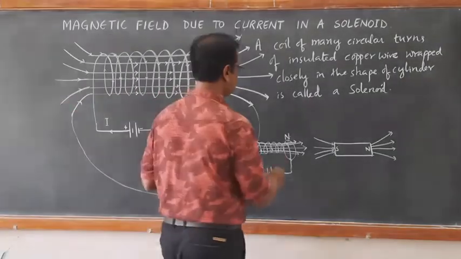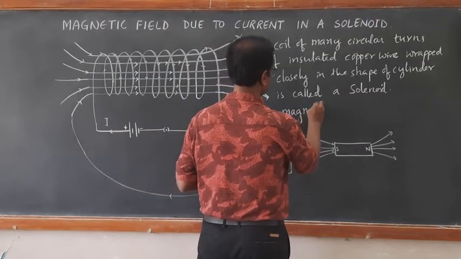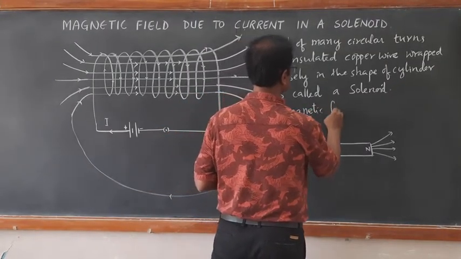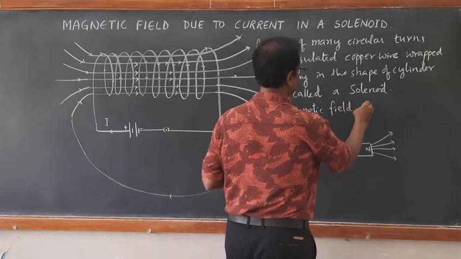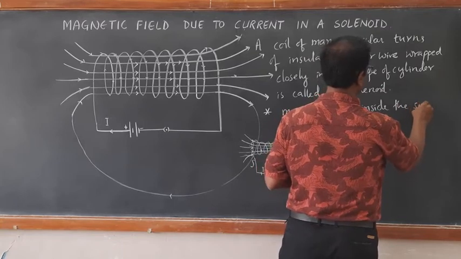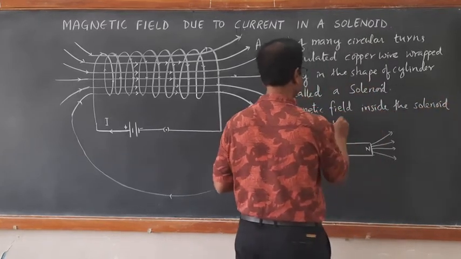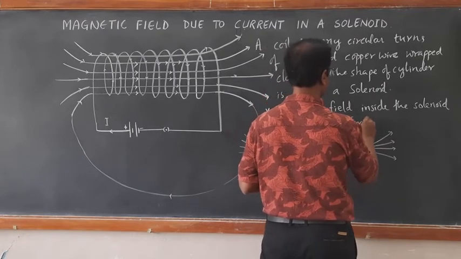So we can write here: the magnetic field inside the space of the solenoid is uniform. Why is it uniform? How do you say that it is uniform?